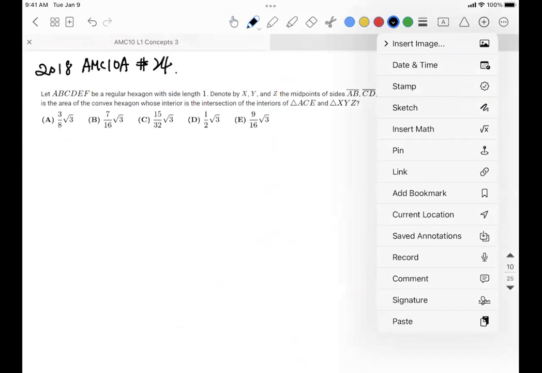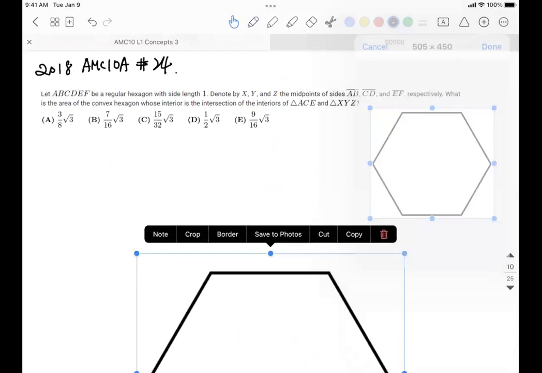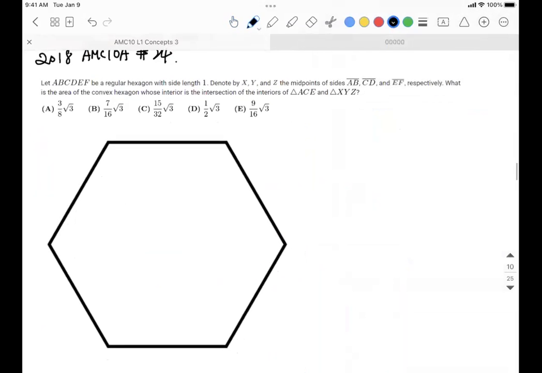I'm going to give you the graph, just trying to make our life easier. We have a regular hexagon. I give you A, B, C, D, E, F, right? They have the side length equal to what? We denote X, Y, Z as the midpoints of AB, CD, and EF. X is here.